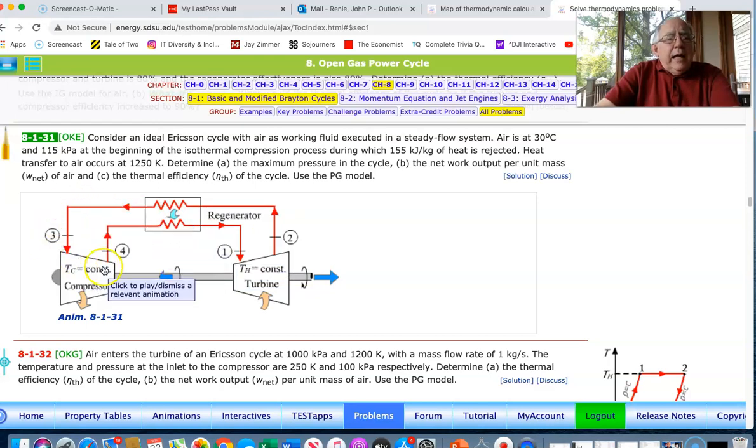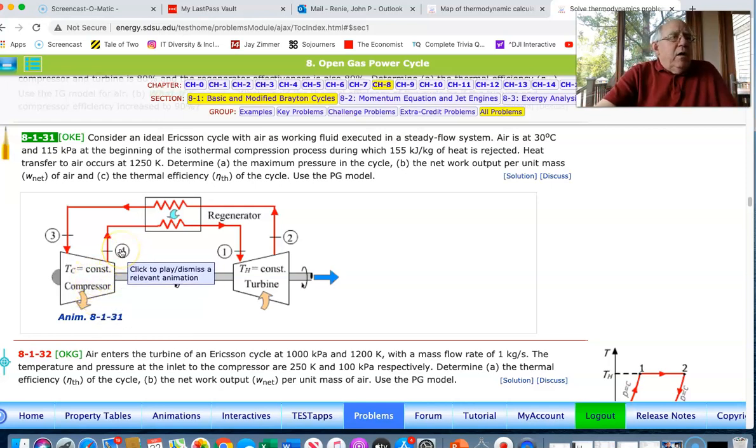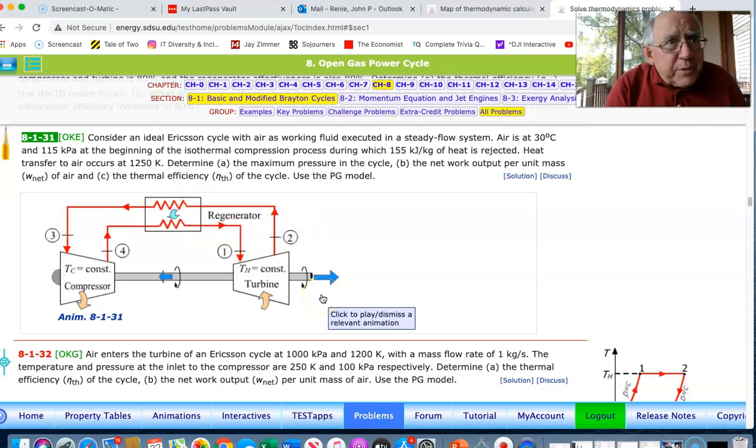Once we figure out the heat transfer going in to the compressor, that's going to give us all the pressure conditions. We know the temperature conditions, and so all the pressures and temperatures will then be established.